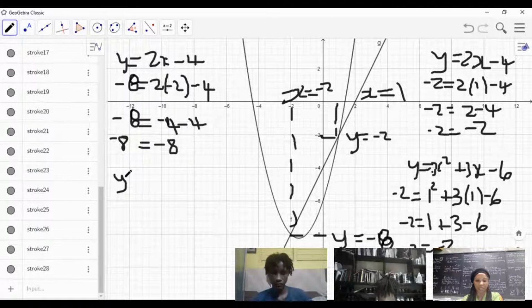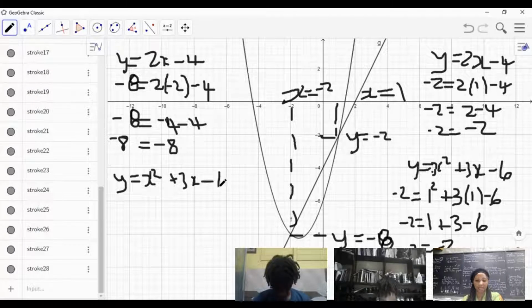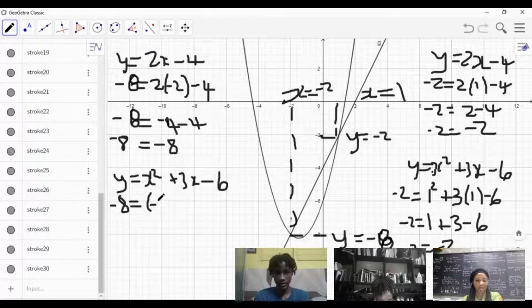So let's try the quadratic. y equals x squared plus 3x minus 6. Plug in the values for me now. Where y is, we're going to put -8. -8 is equal to -2 squared plus 3 times -2, minus 6. We'll bracket the -2 before we square it.